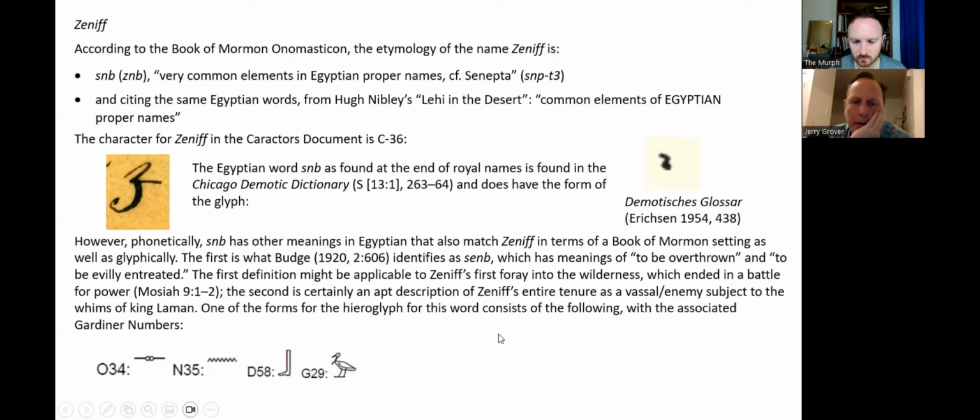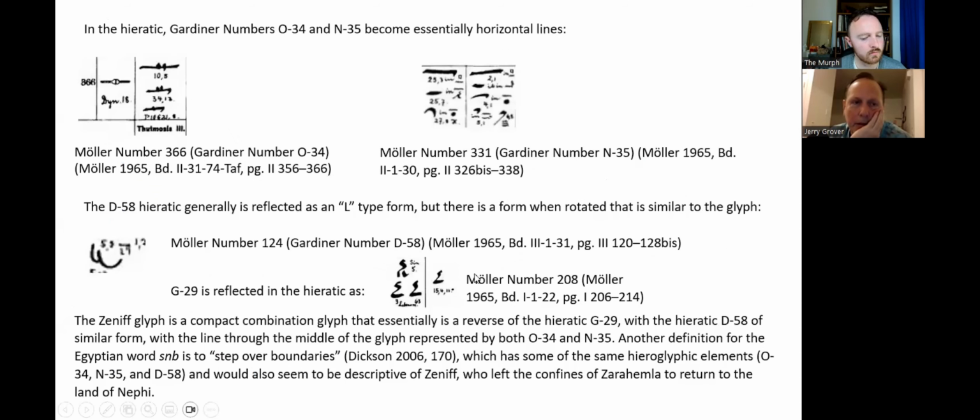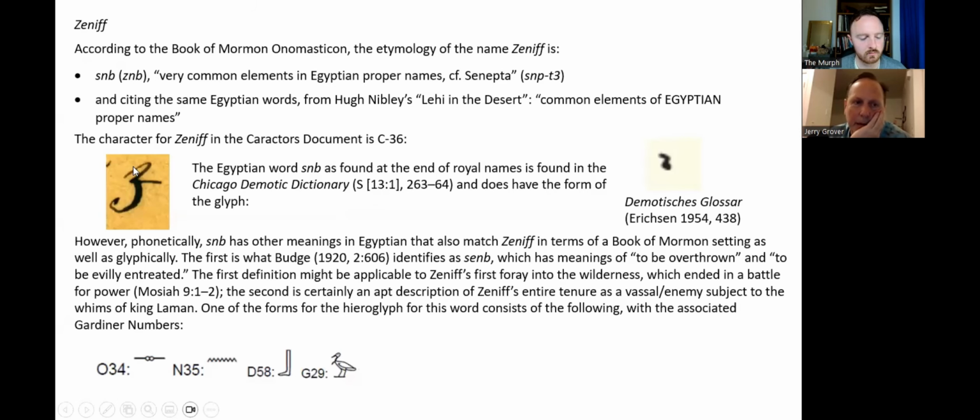And then I again go on to show the Egyptian glyphs that make up that word I've just told you, and then show you basically you have a glyph that can be flipped to give you a similar one with a line.